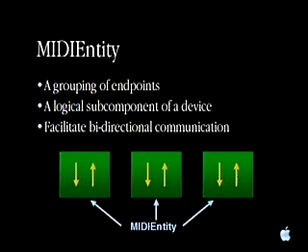So an entity, and this is a term borrowed from the USB MIDI class spec, is really just one subcomponent of a device. Some examples of that would be, for instance, an 8-in, 8-out multi-port interface, like eMagic's Unitor 8, could be seen as having 8 entities, each with one source endpoint and one destination endpoint.